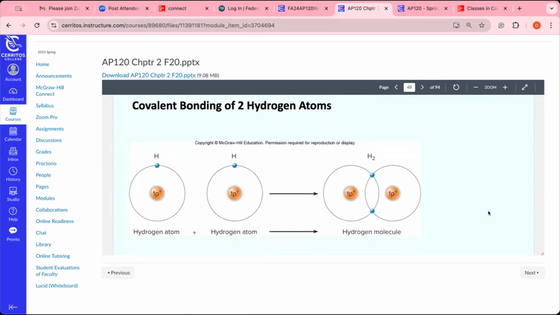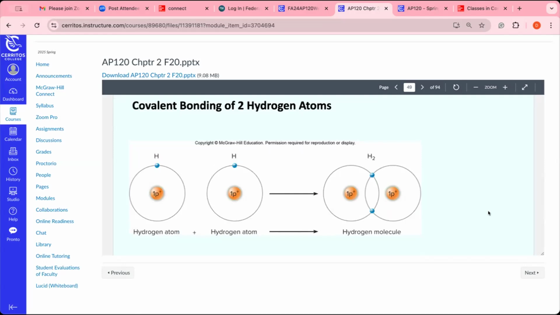Now here's an example of covalent bonds between 2 hydrogen atoms. Here's hydrogen, here's another hydrogen. Notice they each have 1 electron. They come together, right? And they share this pair of electrons in this outer shell.